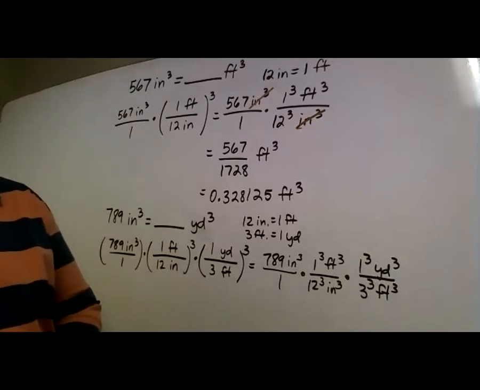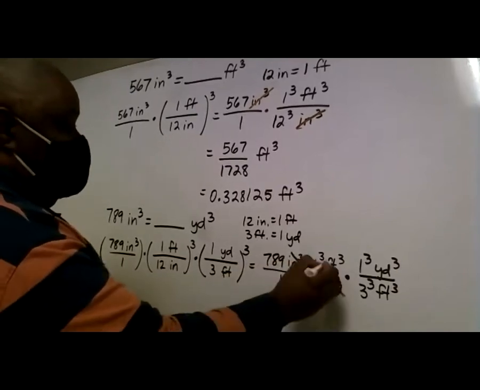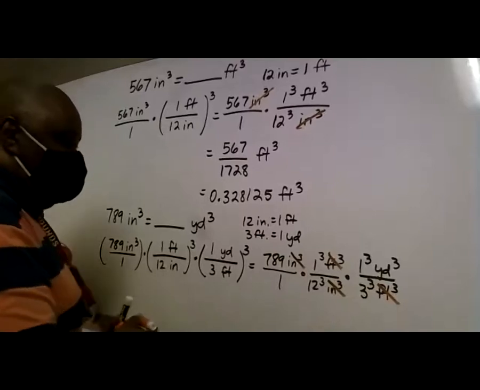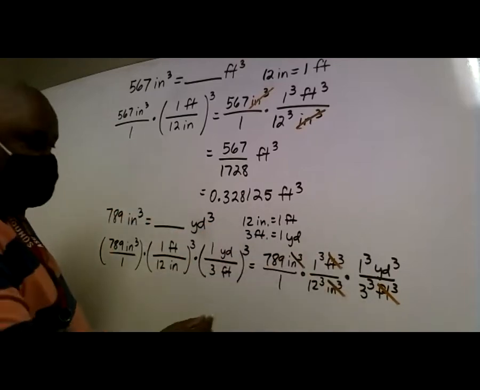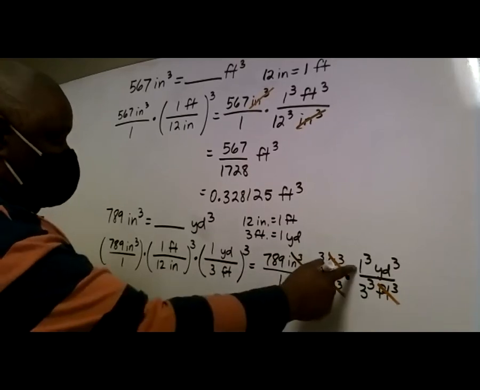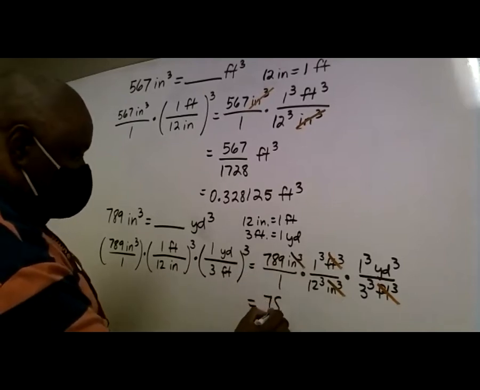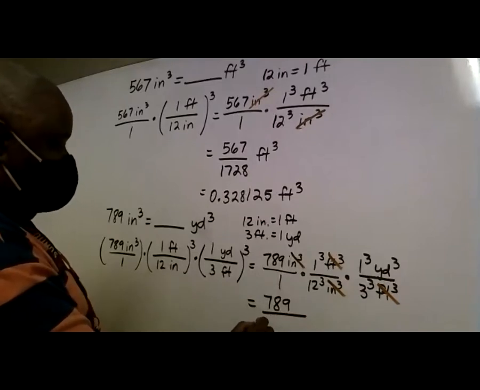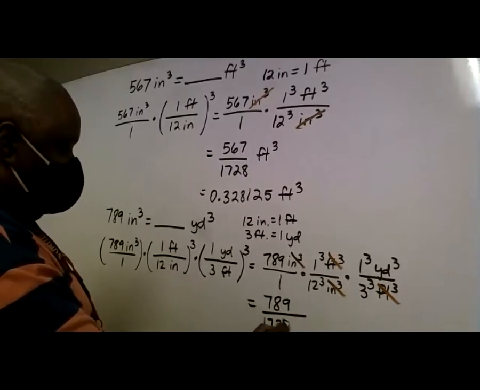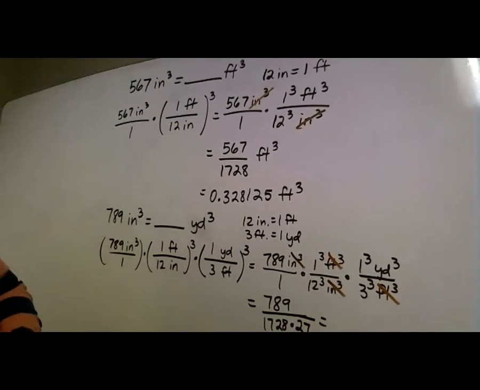So when I do that, these cubic inches divide out, cubic feet divide out. I'm going to be left with cubic yards here. So that means, well, 1 cubed is 1, 1 cubed is also 1, so 1 times 789 would be 789 divided by 12 cubed. I found that out to be 1728 times 3 cubed. That's 3 times 3 times 3, that's 27.